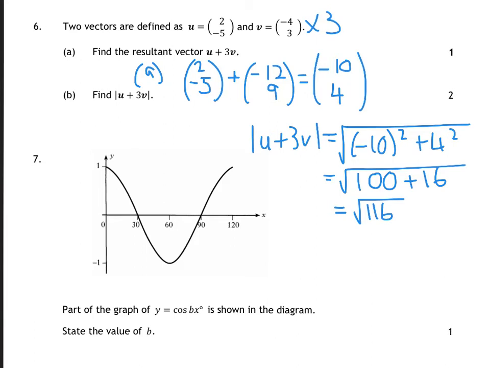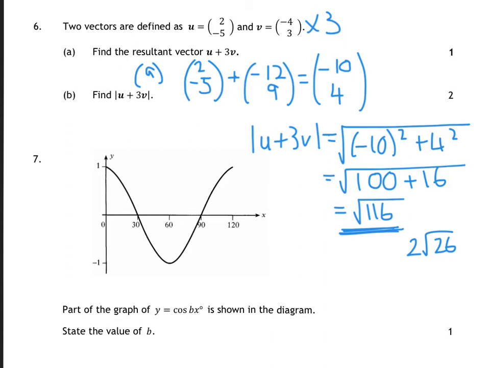It's non-calculator. They've not mentioned having to simplify it using surds at all. So I would be quite happy with that answer there. If you wanted to do it using surds, you could use root 4 and root 29. And then that would give you 2 root 29. But as I said, I think root 116 would be perfectly acceptable here for a final answer.